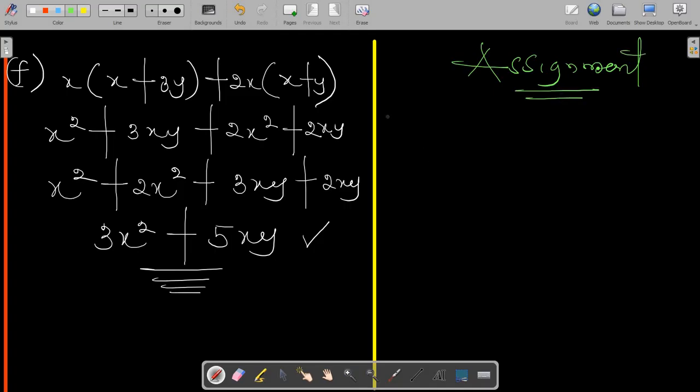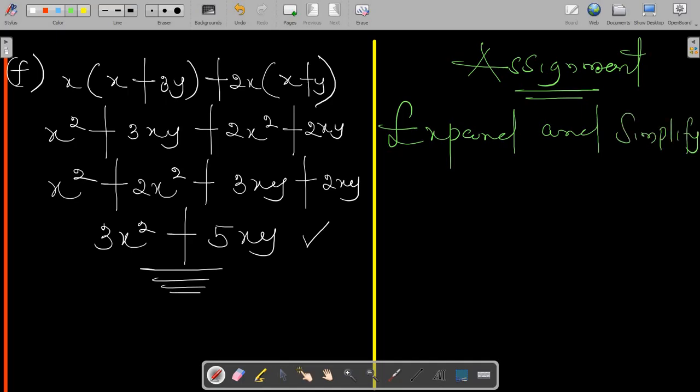Let's move. Expand and simplify the following.